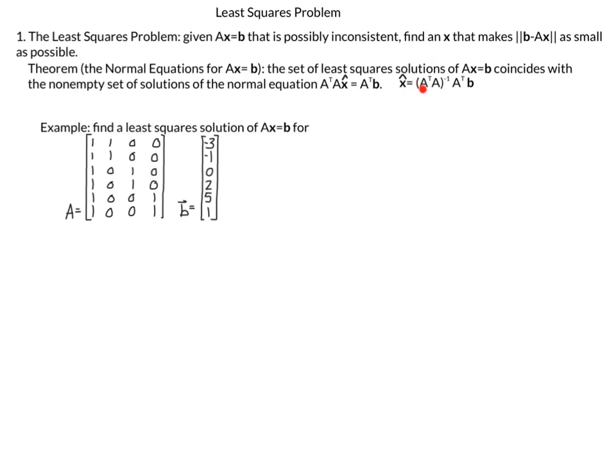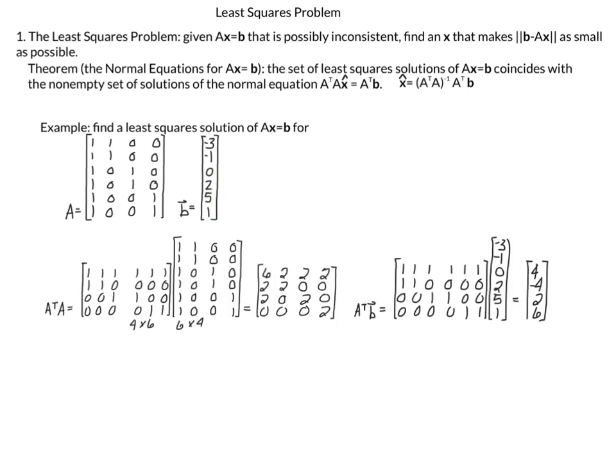So I get X hat equals A transpose A inverse times A transpose B. This example is to find the least squares solution for AX equals B when A is this 6 by 4 matrix with column vectors: 1, 1, 1, 1, 1, 1; then 1, 1, 0, 0, 0, 0; the third column vector is 0, 0, 1, 1, 0, 0; and the last column vector is 0, 0, 0, 0, 1, 1. The column vector B is negative 3, negative 1, 0, 2, 5, 1.